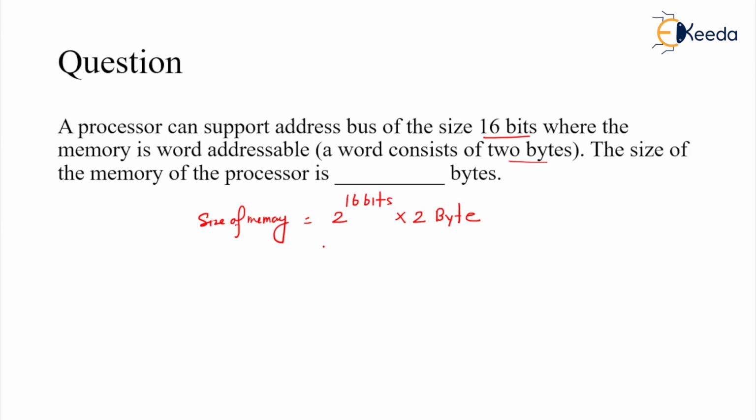So that will become 2 to the power 6, you can take it out, and 2 to the 10 bytes, and that will become 2 to the power 7 kilobytes. That will be 128 kilobytes. The total size of the memory in this case is 128 kilobytes.